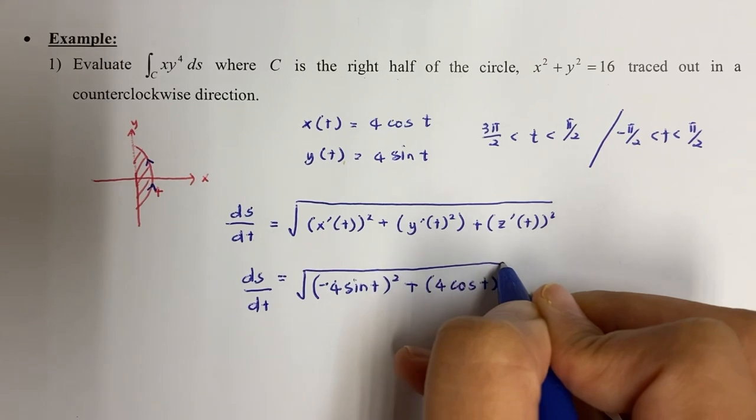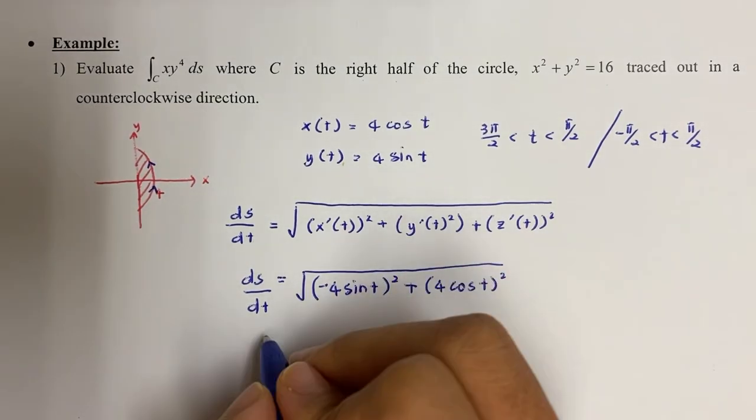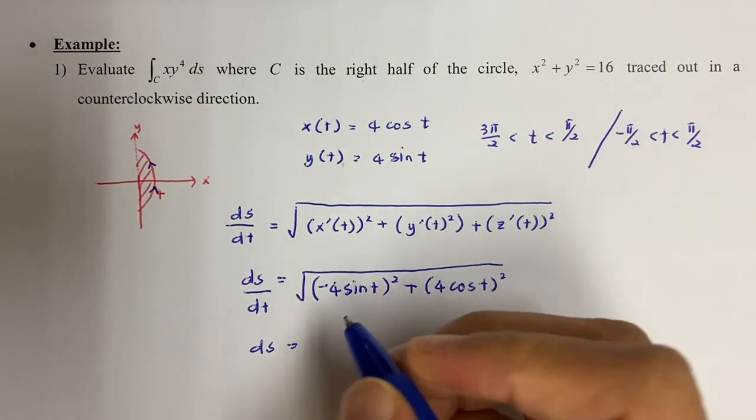In this case we don't have z, so it is okay, we just do what we have.